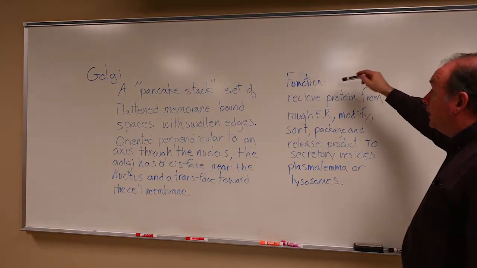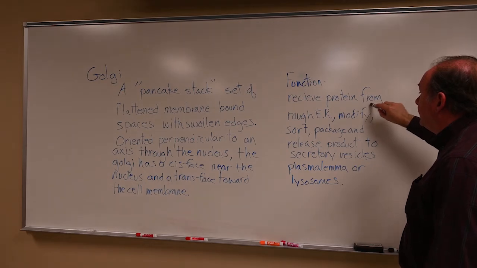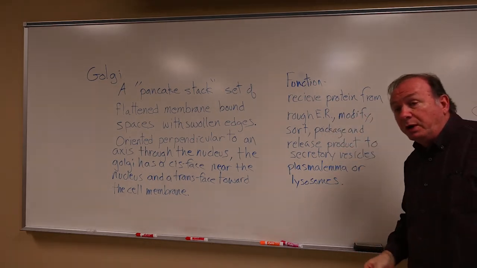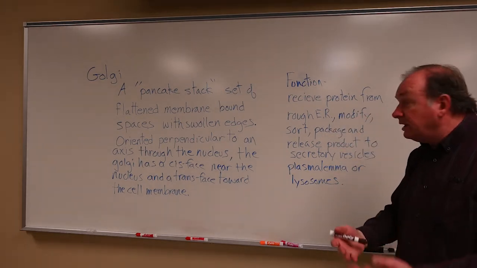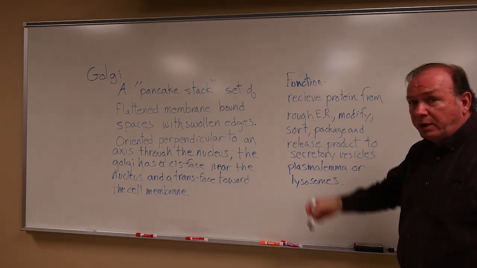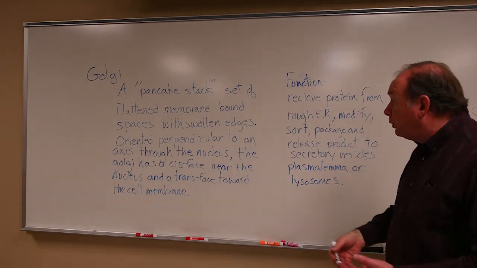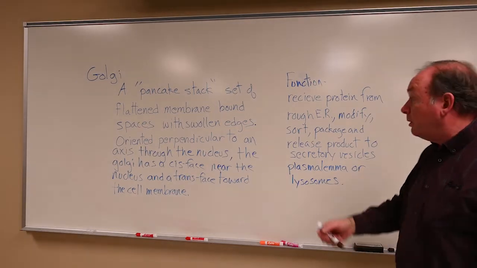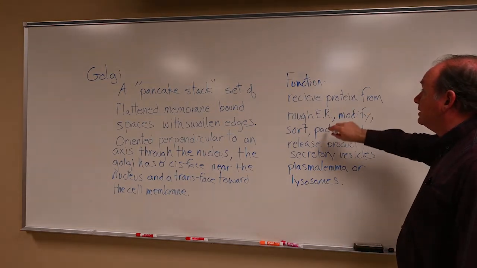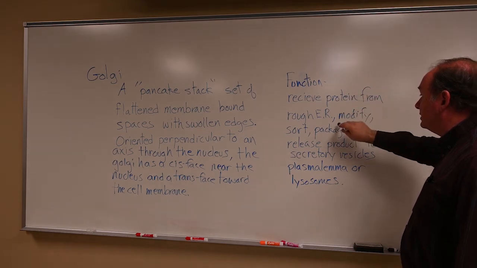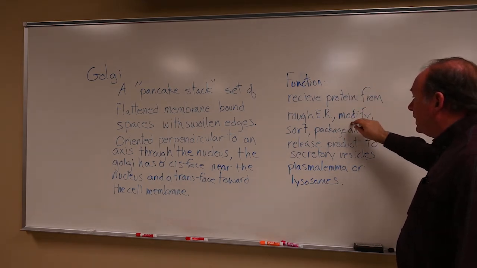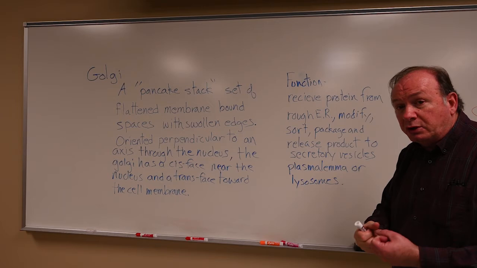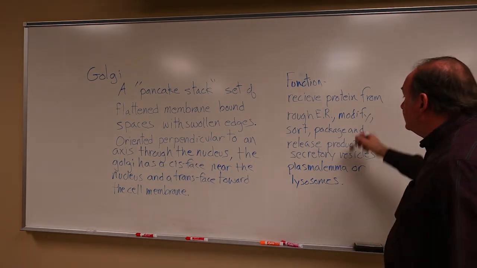Now the function. It receives proteins from the rough endoplasmic reticulum. So on that cis face where it receives things, that generally comes from the endoplasmic reticulum. Protein products that are carried in vesicles or in some way delivered to the cis face of the Golgi apparatus. In here we can modify, that means change the structure of the protein material or whatever's in there.